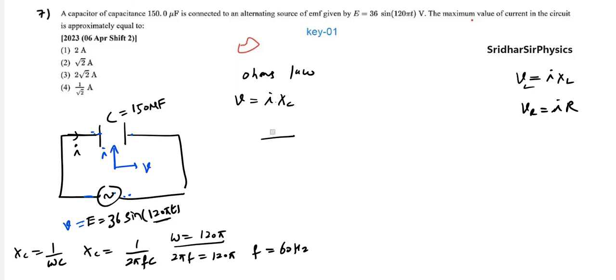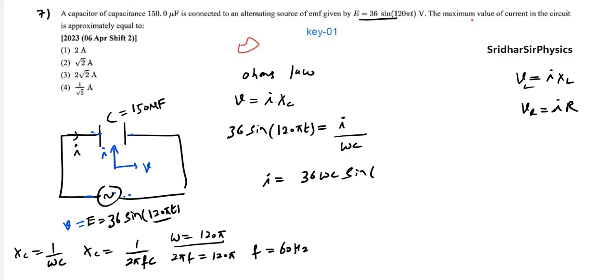Okay, then what is V? The equation of V here is 36 sin of 120 pi t. The current, with XC value 1/omega C, then this will be I equal to 36 omega C sin of 120 pi t.